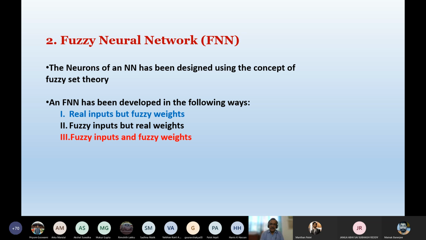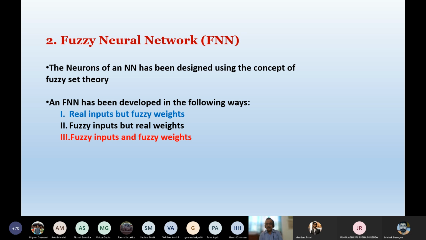Inside that neuron there will be a fuzzy set. There could be fuzziness in the weights of the neural network, and there could be fuzziness in the inputs of the network. The fuzziness of all such things is modeled using fuzzy set theory, and that is very popularly known as the fuzzy neural network, FNN.